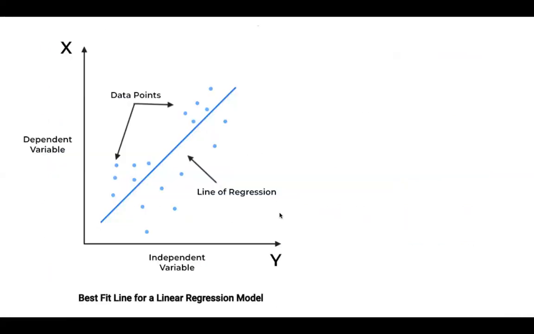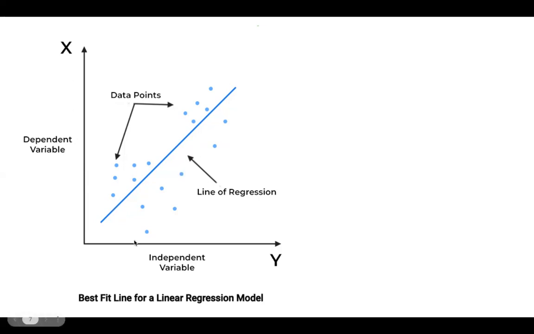This is how a model looks like. You plot the points, just for visualization purposes. Again, the best fit line: you draw a line which best fits all the data points. You have the independent variable and the dependent variable. This could be the money you spent on advertising, and this could be the sales. You have different data points.